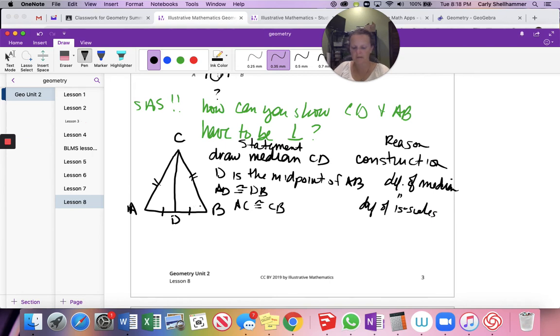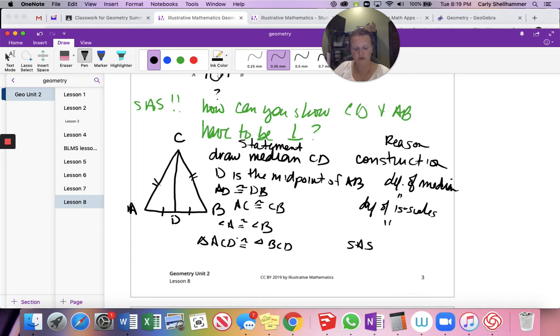Angle B is congruent to angle A, definition of isosceles. Therefore, by the side-angle-side congruency theorem, triangle ACD is congruent to triangle BCD because of side-angle-side.